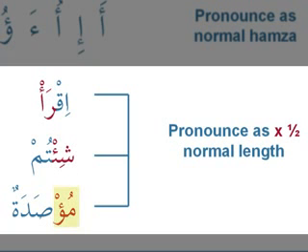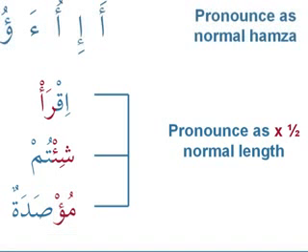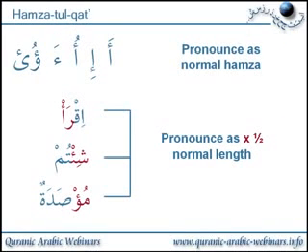And the last one is mus'oda, where it's half the length of the U sound. Quick recap then: any short vowel followed by a Hamza which is sakin, cut the length down by half.